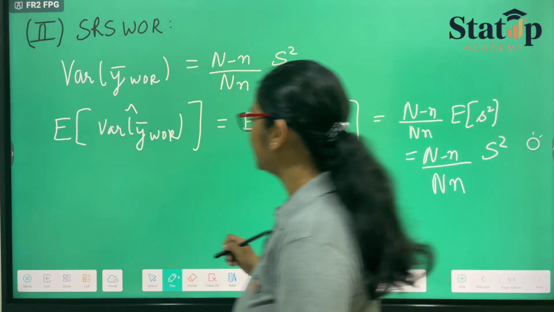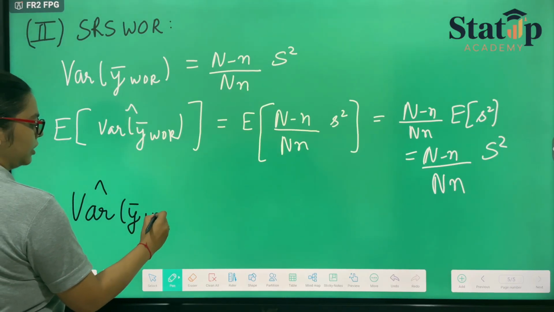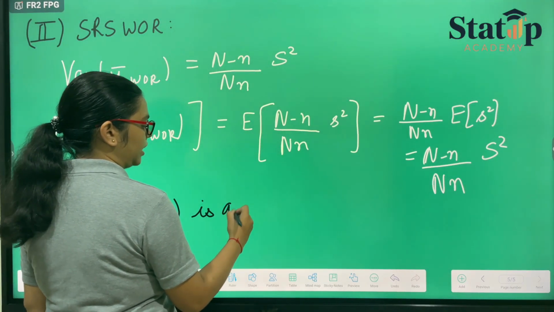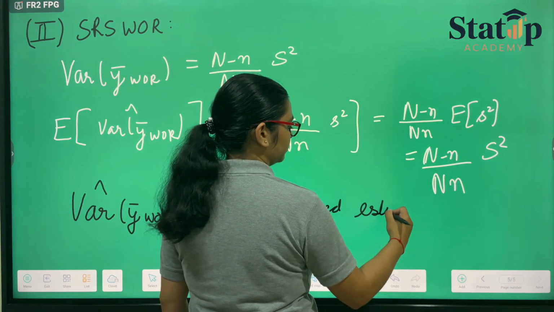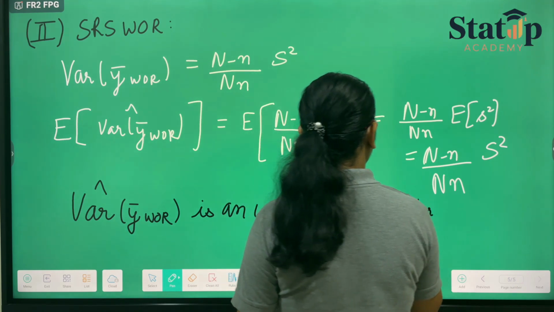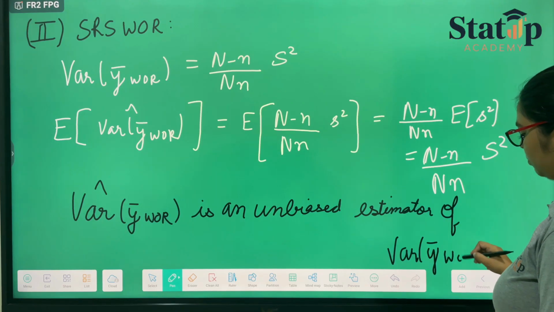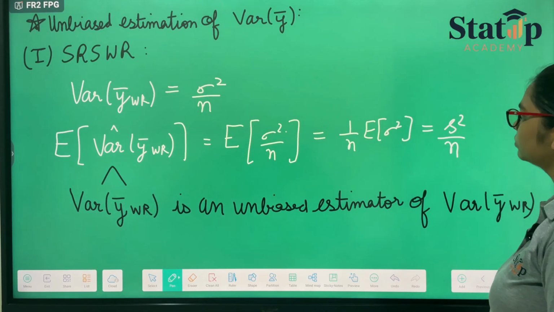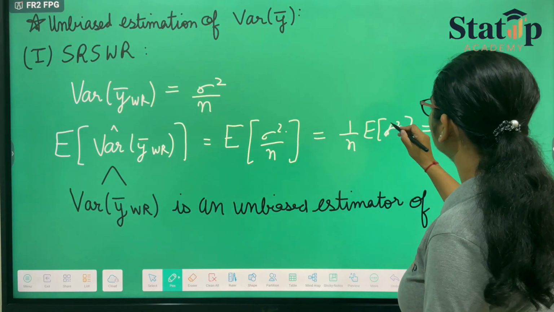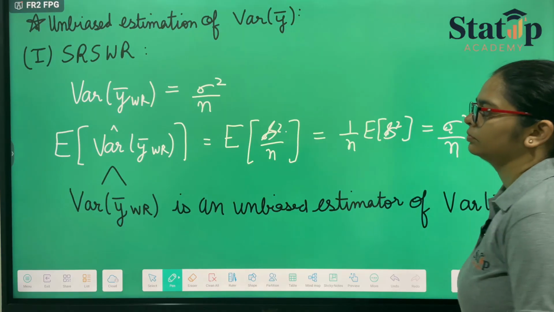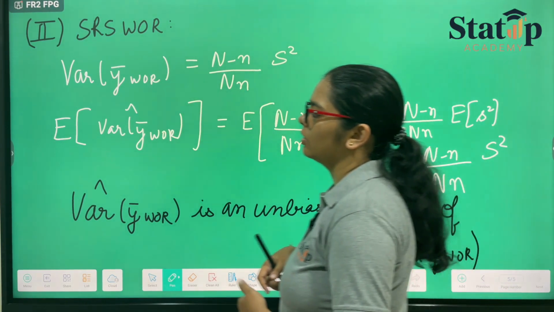And hence we can say again that this is an unbiased estimator of variance of y bar without replacement. Here it will be sigma square and s square. So this completes your topic, estimation of variance.